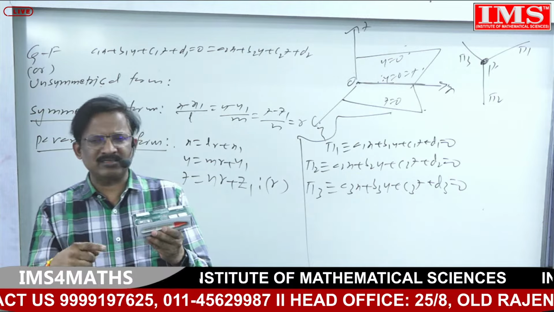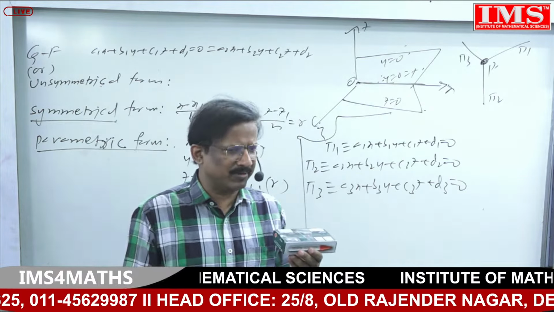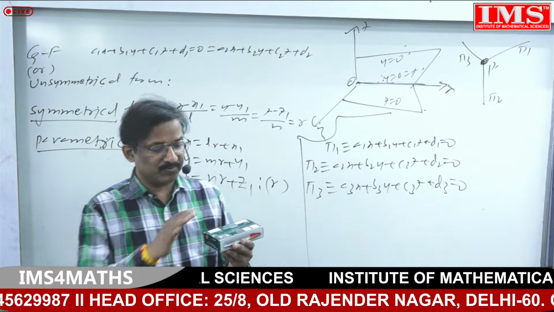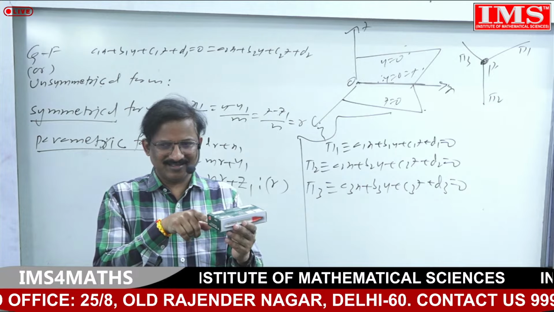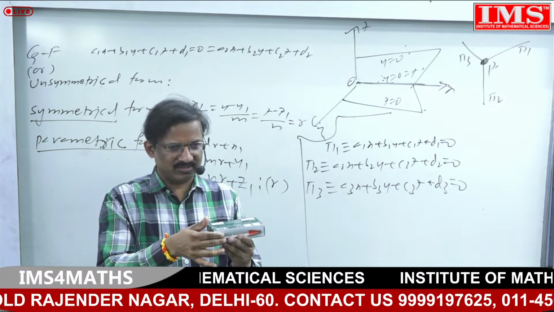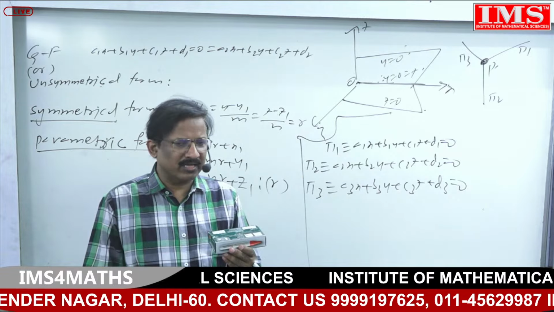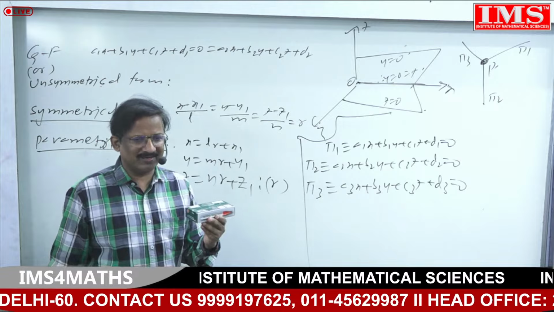And it is not guaranteed that they are perpendicular. Accidentally they may be perpendicular, but not always. Of course, these two planes are perpendicular when you see the box. But it is not guaranteed always. The better sentence is that no two planes are parallel. That is the right sentence.